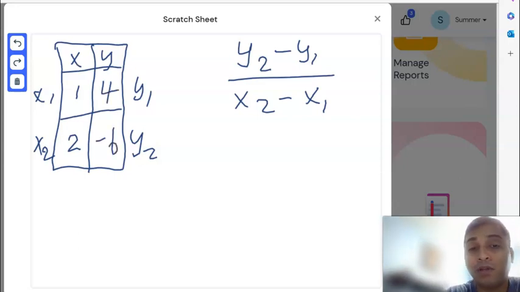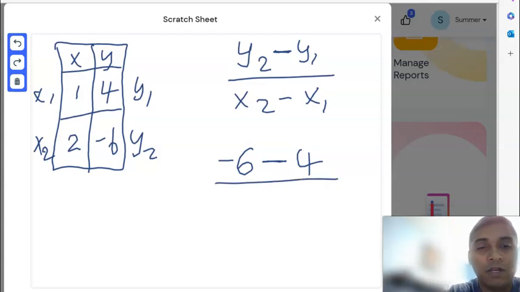Now y2 is -6, and y1 is subtracted, so you use this subtraction sign here. That's going to be a +4, divided by x2 is 2, x1 is 1, so 2 minus 1.